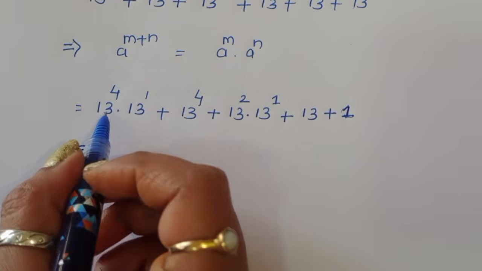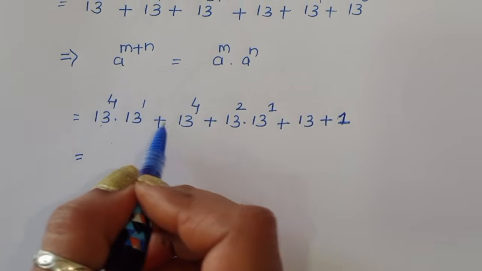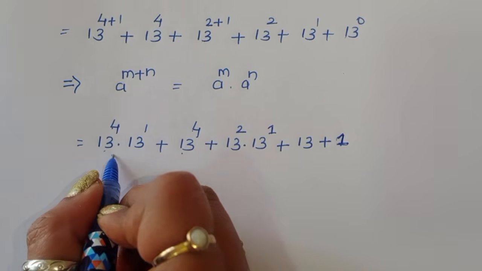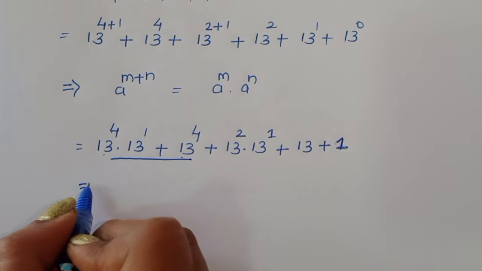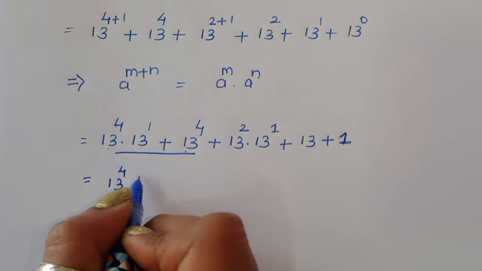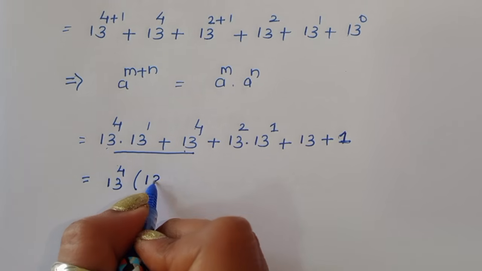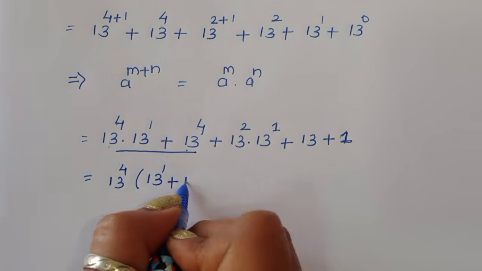Now we have 13^4 here and also 13^4 here, so we can take 13^4 common. The left term is 13^1 plus 1.